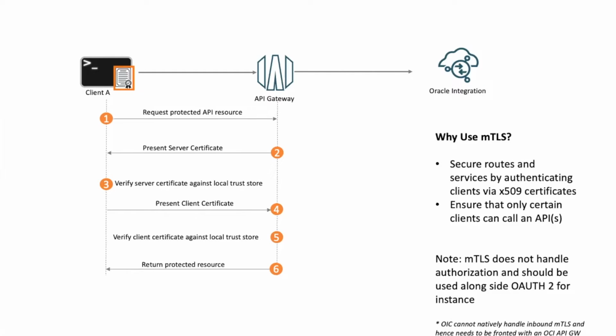Then we know the exact range of IPs and we know the client certificate we distributed, so we lock down which actual clients are allowed to use the API gateway endpoint. That is why we use mutual TLS. Yeah, very good, Jin. Nice.